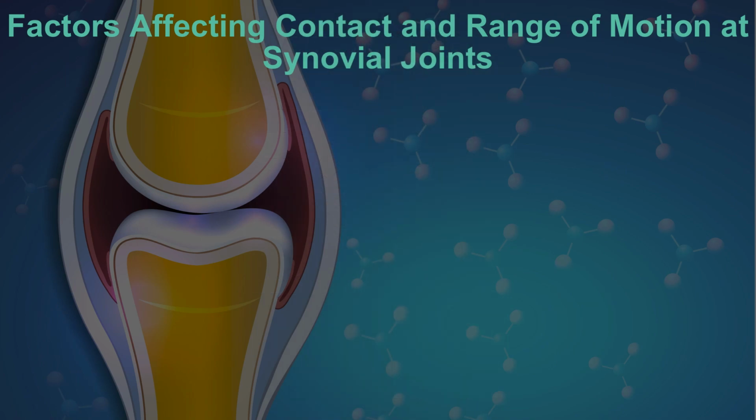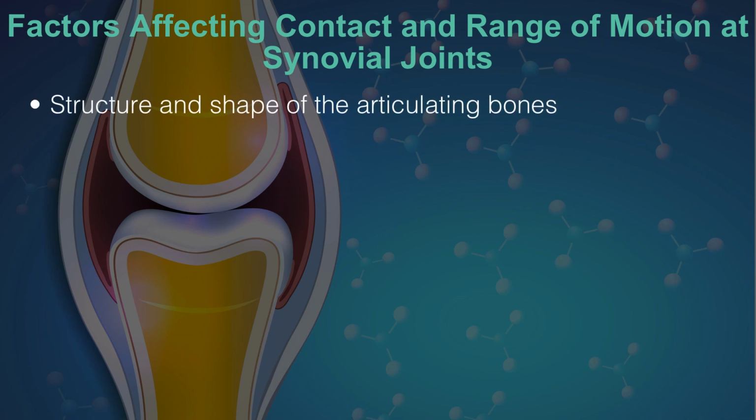So what then, other than joint structure, dictates how far a joint can move, the range of motion at a synovial joint? The structure of the joint is paramount, the shape of the joint. And then the space between bones, whether they are tight, if there's little space, generally less range of motion, a more static, fixed type joint. If there's a lot of space, if the bones fit together more loosely, larger range of motion.